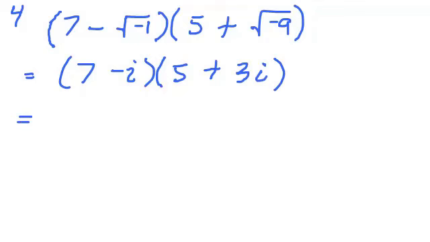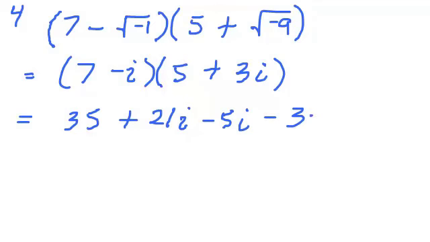So we have 7 times 5 is 35. 7 times 3 is 21i. Negative i times 5 is negative 5i. And negative i times 3i is going to be negative 3i squared. So let's go ahead and get this in standard form. So remember, this i squared is negative 1.